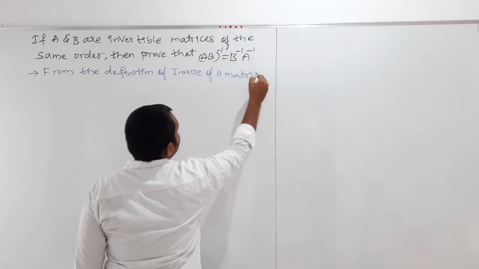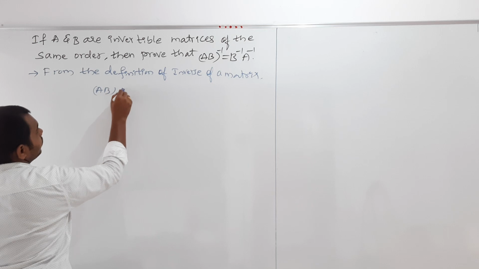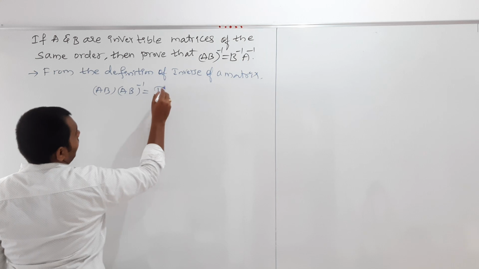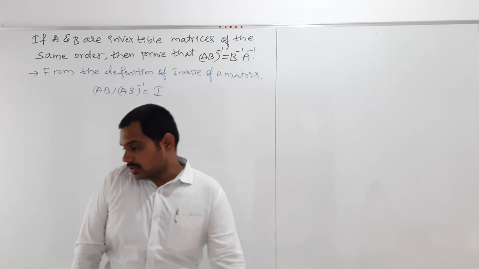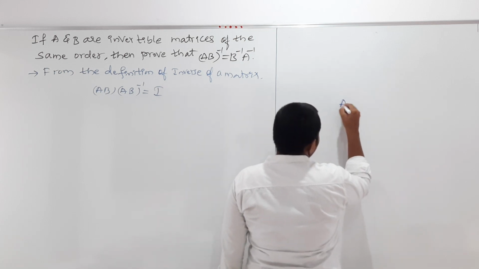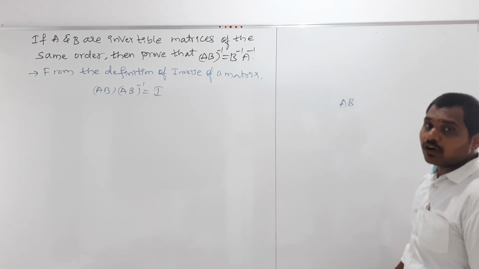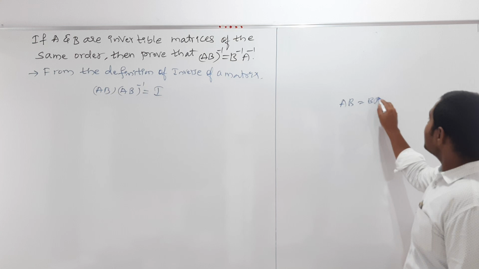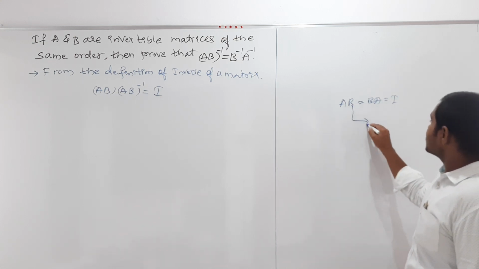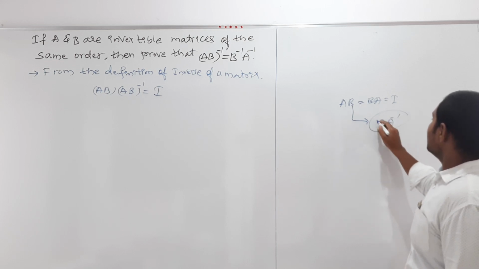By the definition of the inverse of a matrix, I write (AB) whole inverse is equal to, I will write it as the identity matrix. Because what I told in the definition: for any matrix A, if there exists another matrix B of the same order such that AB is equal to BA is equal to I, if this condition is satisfied, then B is called the inverse of A.